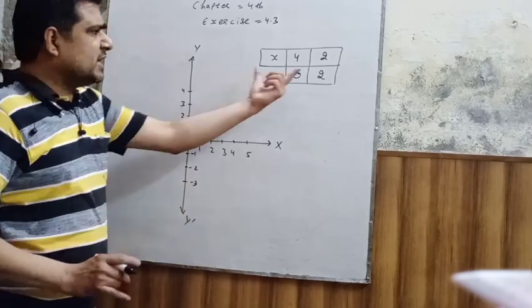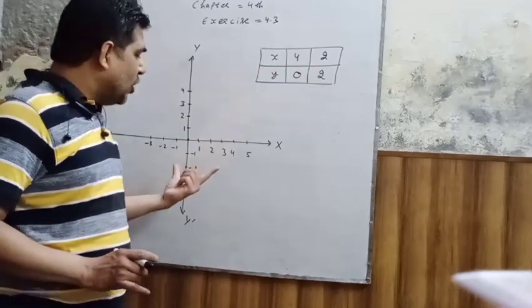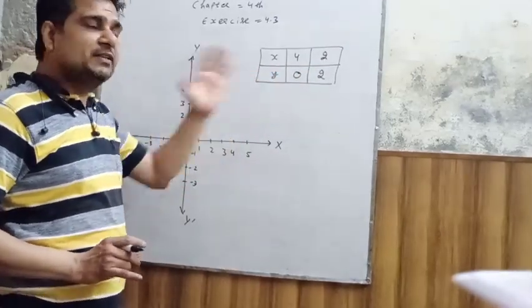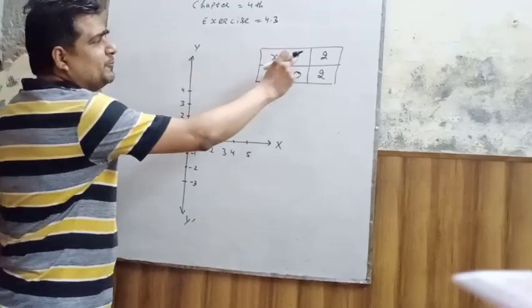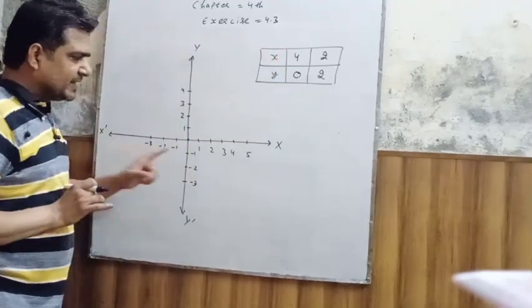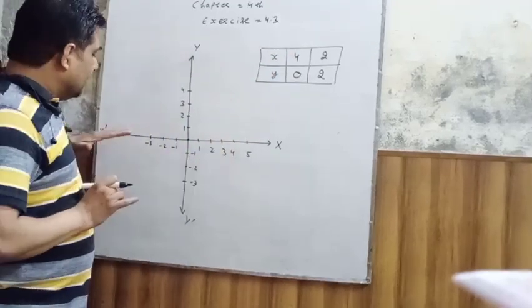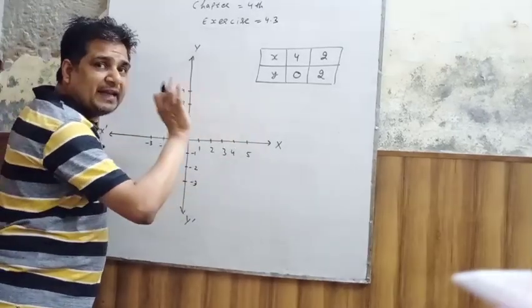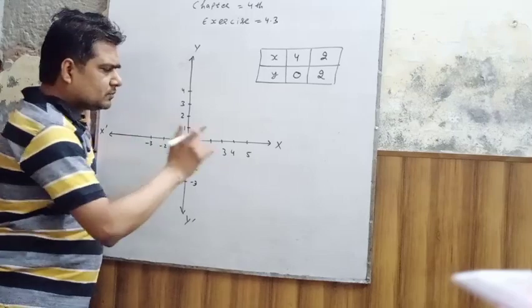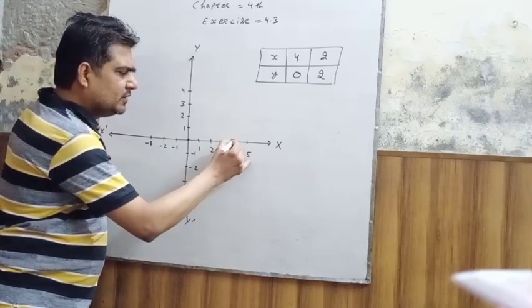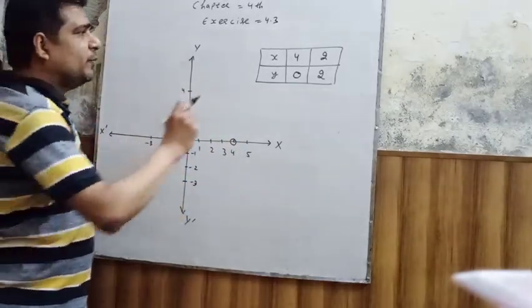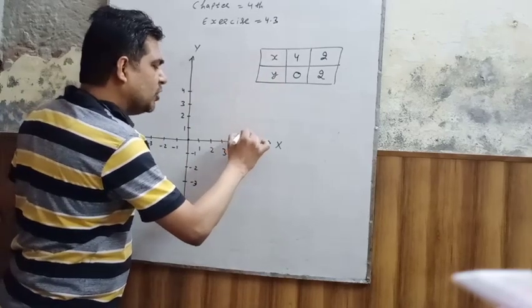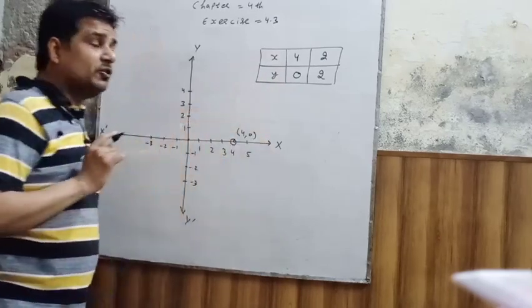Because in this solution we have no negative digit, x is 4, y is 0. If the value of y is 0, then the point is on the x-axis. That point is 4, 0.